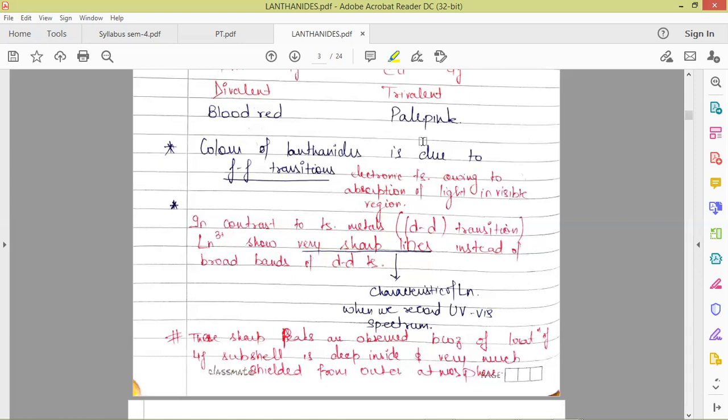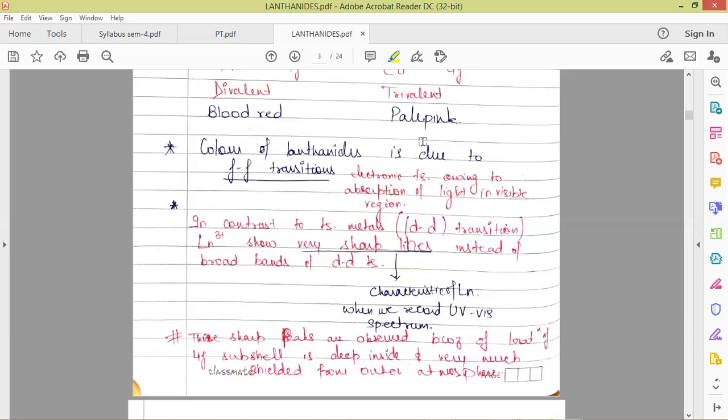But in case of lanthanides, where there are f-f transitions, the UV visible spectra has very sharp, straight lines. Why is this? These sharp peaks are observed because the 4f subshell is located deep inside the atom.